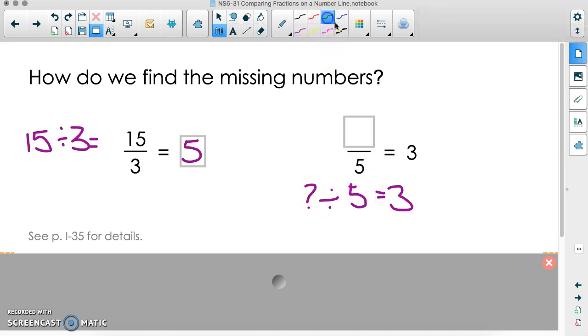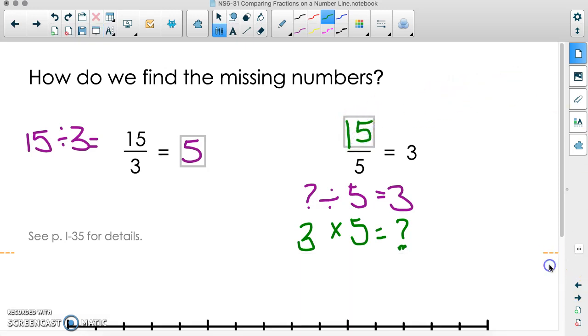So we know the opposite operation of division is multiplication. So if we reverse it, 3 times 5 equals the number we're looking for. So that's going to give us that unknown. So we know 3 times 5 is 15. So the number on top that we're looking for is 15.